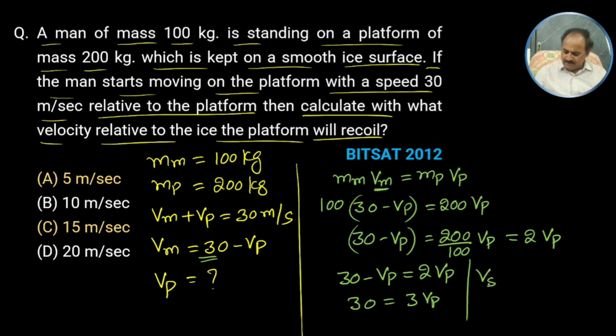From that, the speed of the platform equal to 30 divided by 3, which is equal to 10 meter per second.